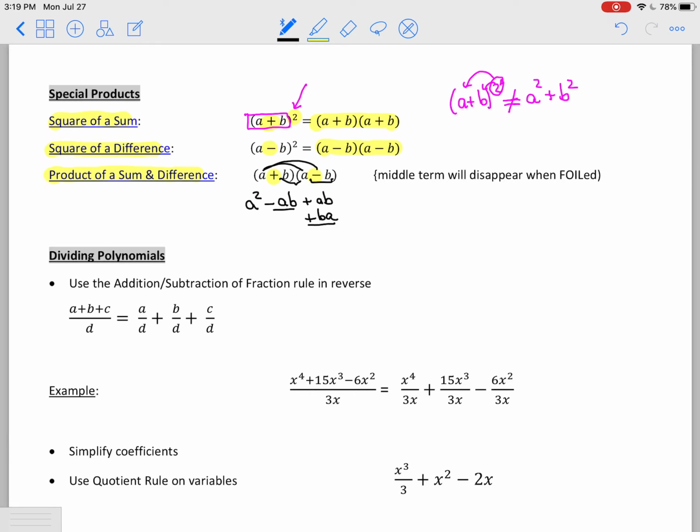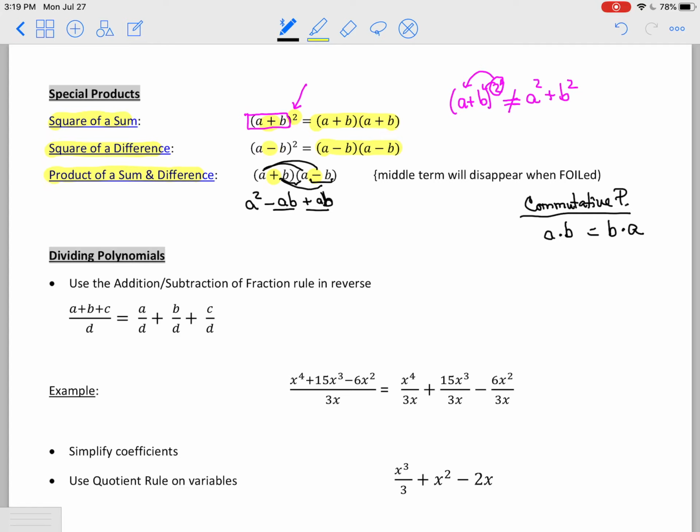But remembering the whole idea of commutative property that we just talked about, remember that commutative property states that a times b is the same as b times a, right? So that's kind of important to remember, and therefore we can switch that a and b around, and then we can see very clearly these two like terms here.